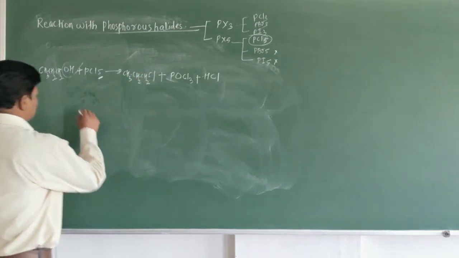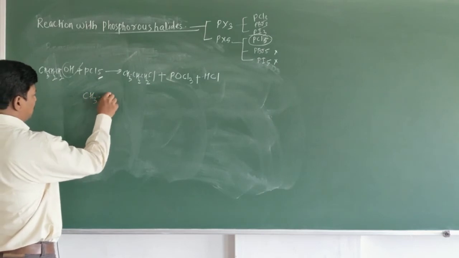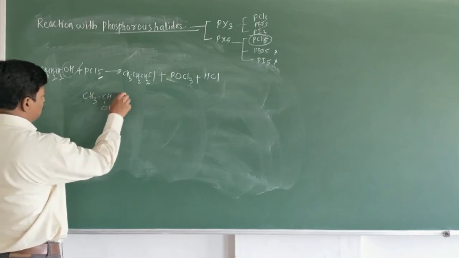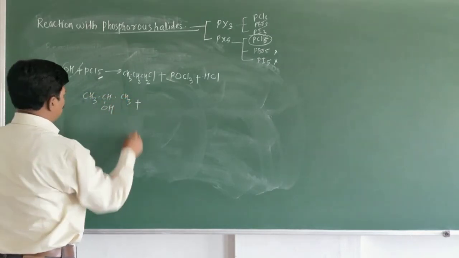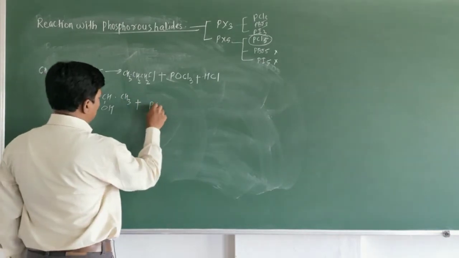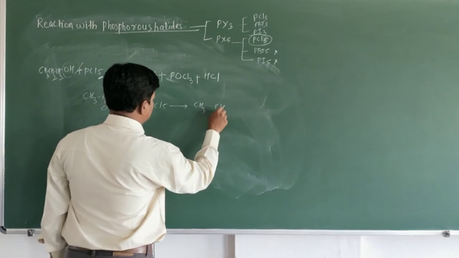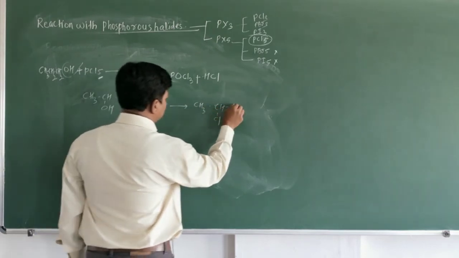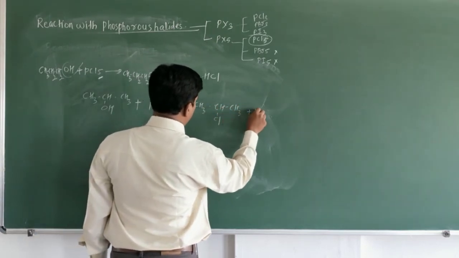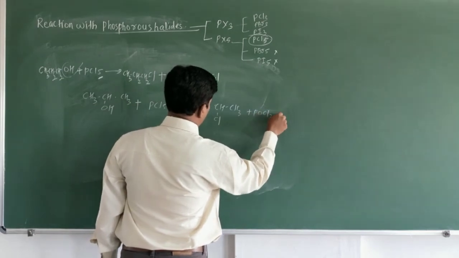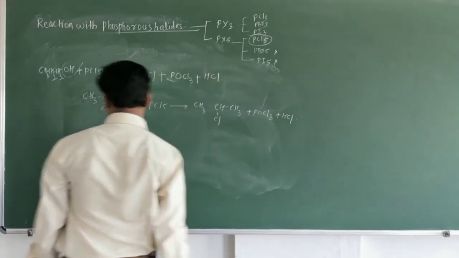Then when isopropyl alcohol, CH3CHOHCH3, reacts with phosphorus pentachloride, it forms CH3CHClCH3, isopropyl chloride, and the byproducts are phosphoryl chloride and HCl.